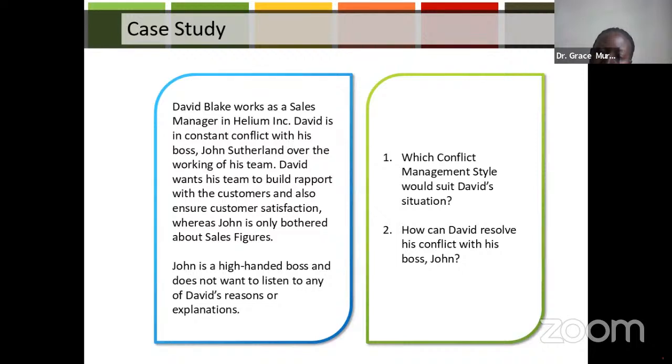So the question is, which conflict management style would suit David's situation? Let's deal with number one first. Which conflict management style would suit David's situation, and why? Why do you think that style would suit David's situation?